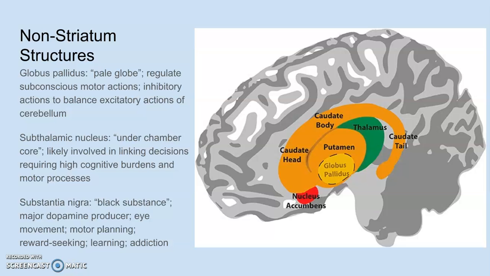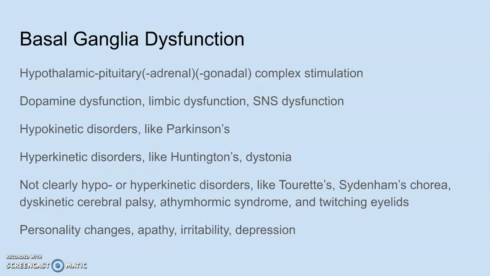If you are experiencing basal ganglia dysfunction, and in CRPS this is one of the 5 major areas that are affected according to the 2018 dendritic cell hypothesis, what would you be expecting from that? Hypothalamic pituitary complex stimulation, which means your hormones are out of whack, a dopamine dysfunction, limbic system dysfunction, and sympathetic nervous system dysfunction.